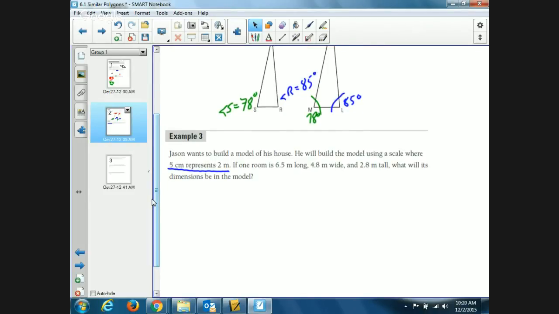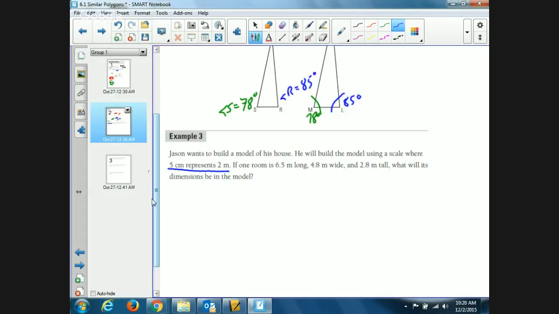So, the scale model, he's going to build it maybe with popsicle sticks or something like that. Who knows? Tape and scissors and paper. It doesn't say what he's making it from, but it's going to be small. Obviously, 5 centimeters representing 2 meters makes it pretty small. So we're going to take what we underlined, and we'll say the room here, the model.